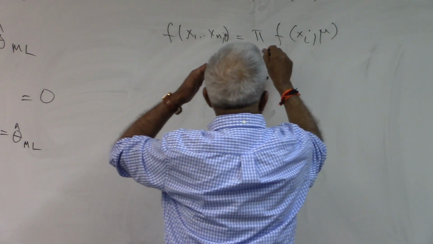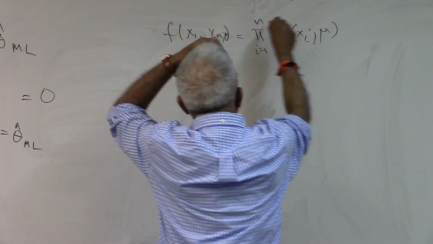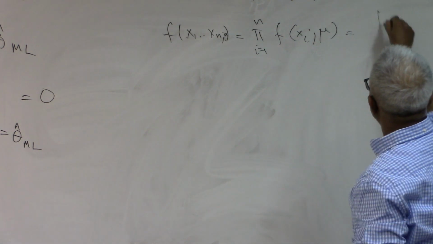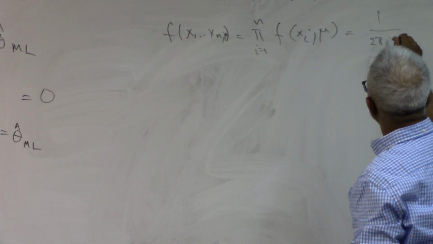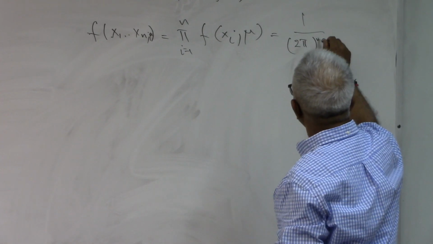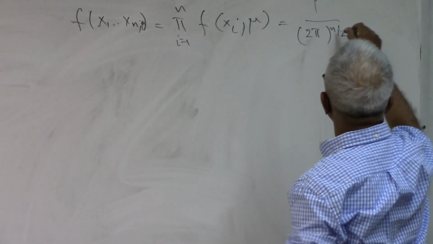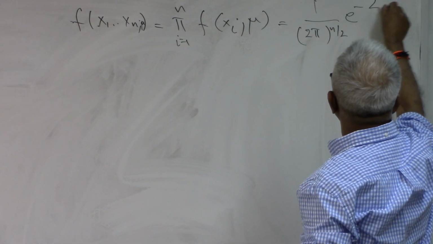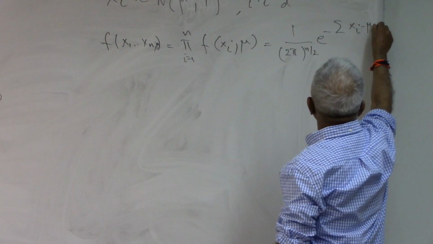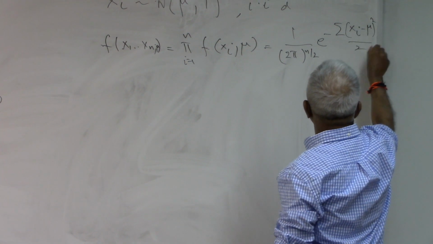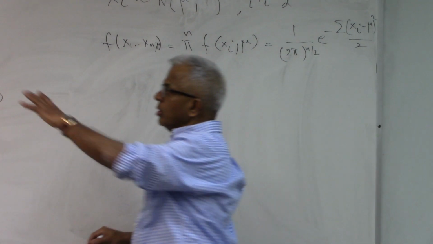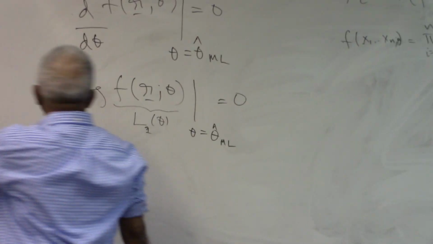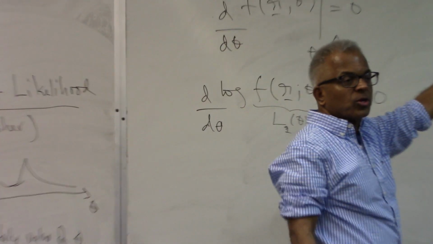Using our notation, it is also a function of mu, and the variance is 1, so 2 pi sigma squared is 1. Because of the product, you get n of them, e raised to minus the sum of (x_i minus mu) the whole squared over 2. So according to the principle of maximum likelihood, you take the derivative with respect to mu.